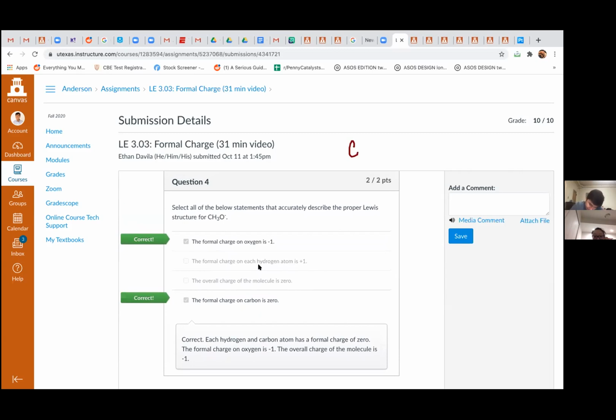Okay, same thing. We need hydrogens, but look at the oxygen. This is why it's got a -1 charge. The oxygen has 6 valence. Minus number of bonds, which is 1. Because you can't have electrons anywhere else. Okay.